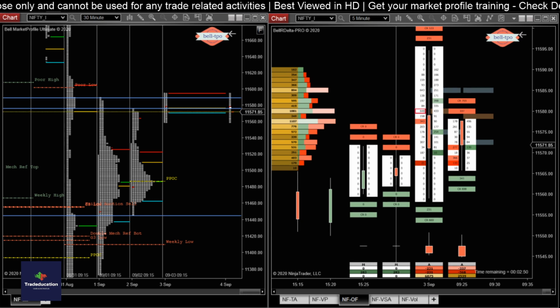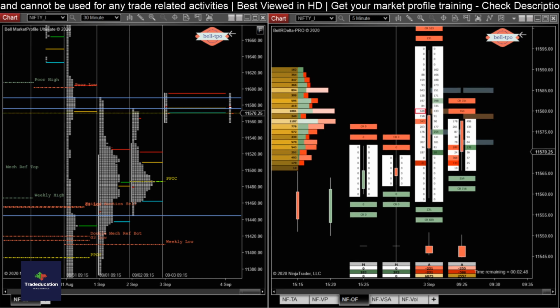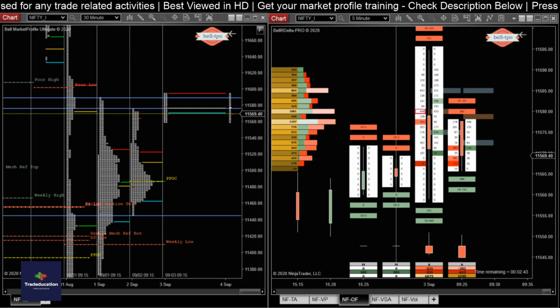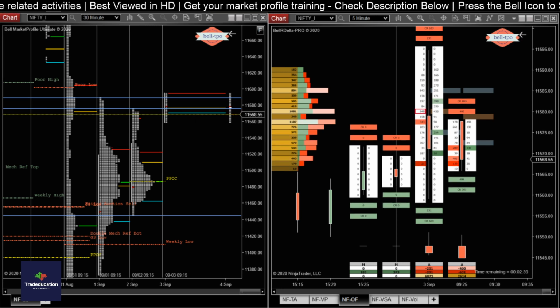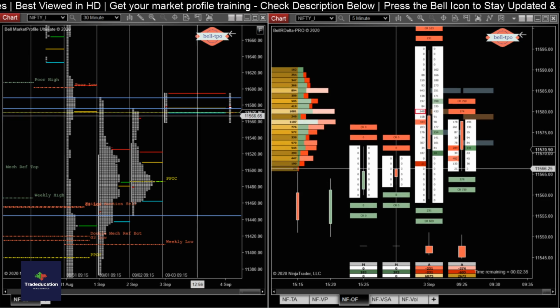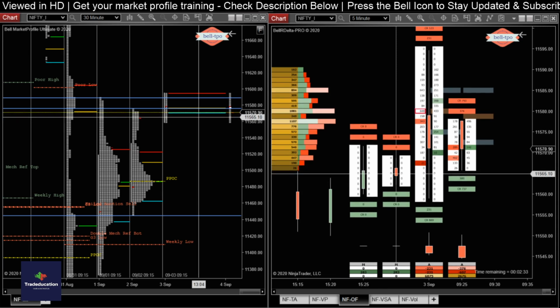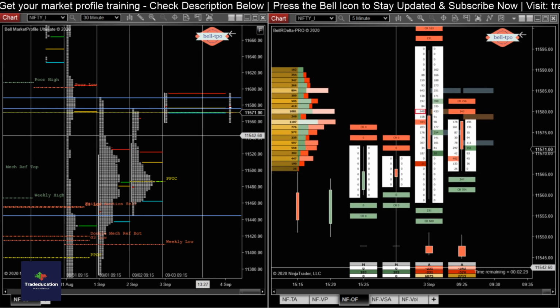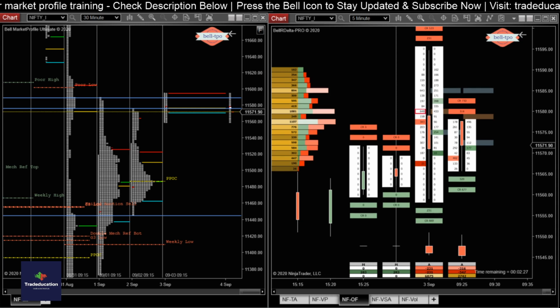Let both buyers and sellers keep on fighting. So it's just tagging around yesterday's close and going higher. So not a good sign. That is weaker. So I'm expecting the odds to close around the lows. Basically tag the lows.